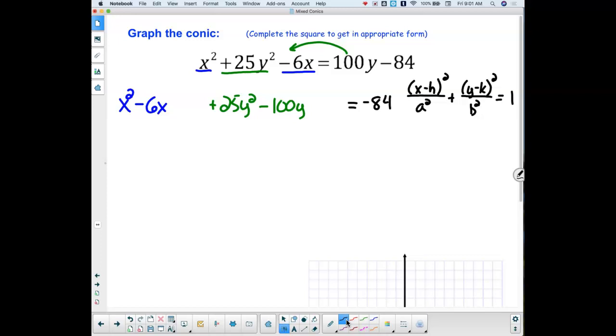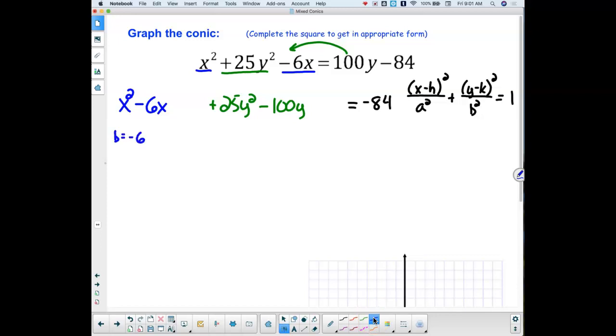So we're not quite there yet to having it equal to 1. Now what I have to do is a blue completing the square, and a green completing the square. I could do the blue one right away.